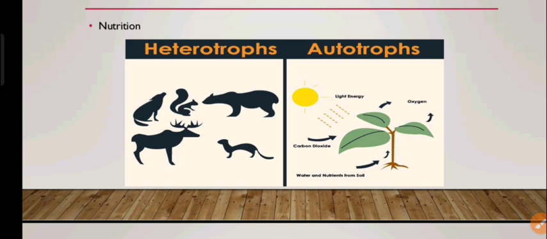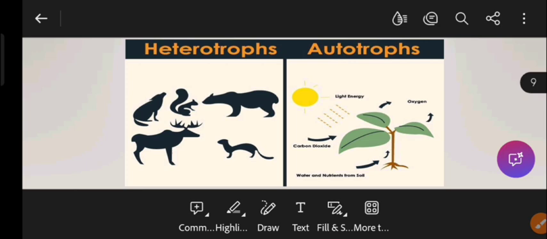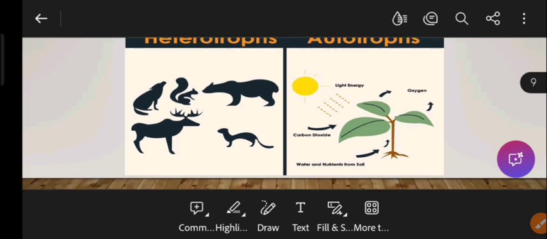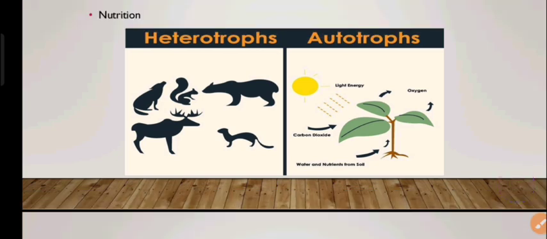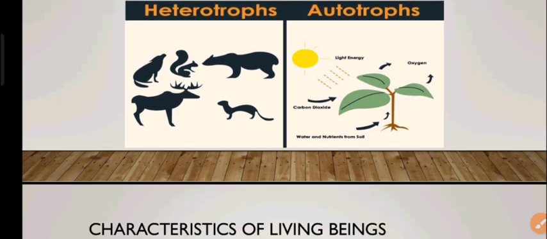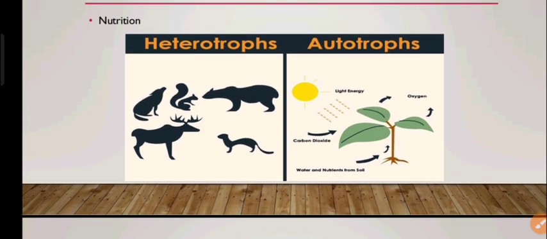In green plants, the pigment called chlorophyll in the leaf helps to manufacture the food. That's why plants manufacture their own food in the presence of sunlight, oxygen, carbon dioxide, and then soil, water. So those are called autotrophs.